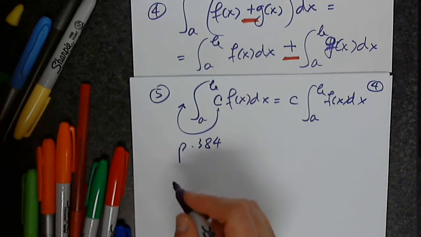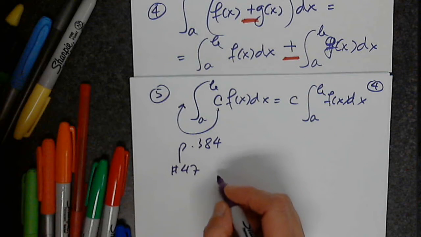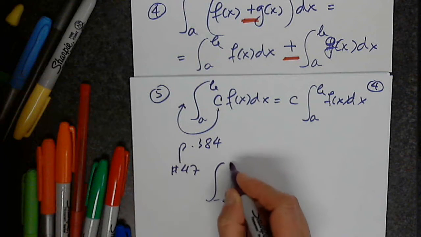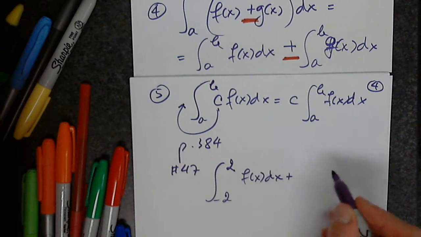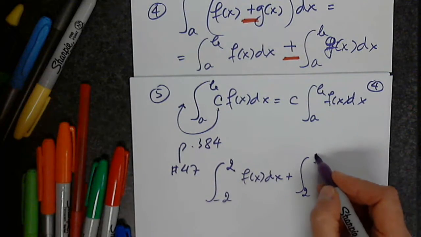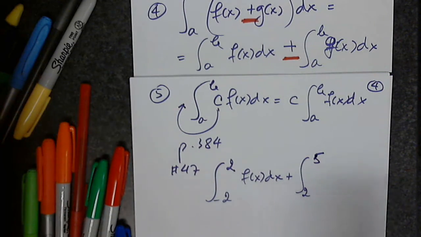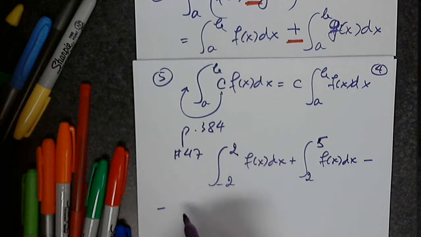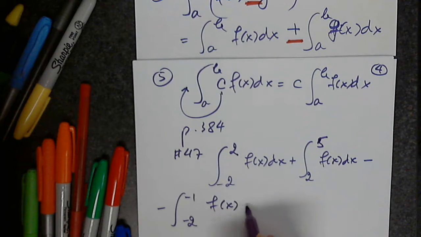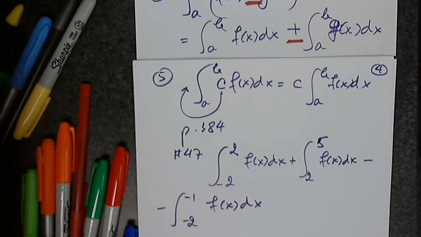Let's say we start with 47, where we have the integral from -2 to 2 of f of x dx plus the integral from 2 to 5 of f of x dx minus the integral from -2 to -1 of f of x dx. Write as a single integral in the form the integral from a to b of f of x dx.